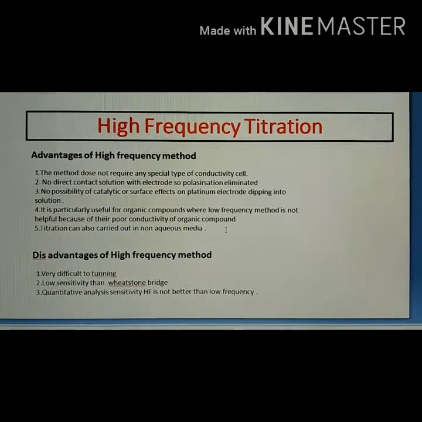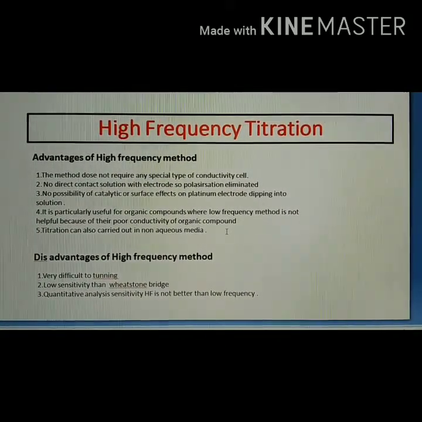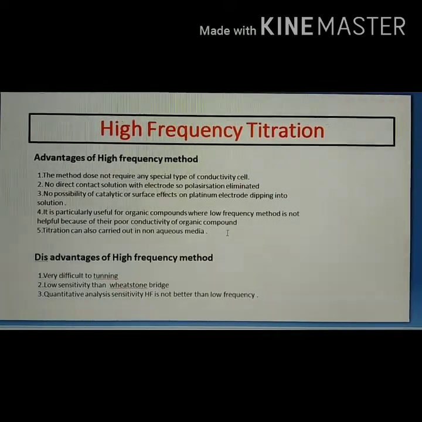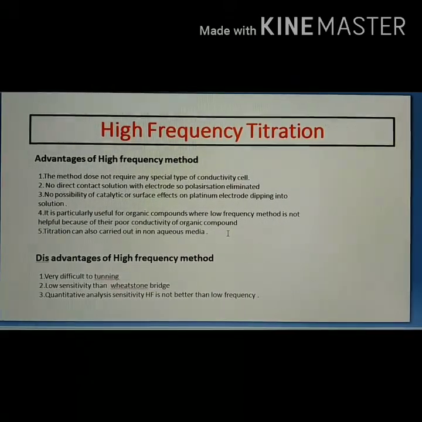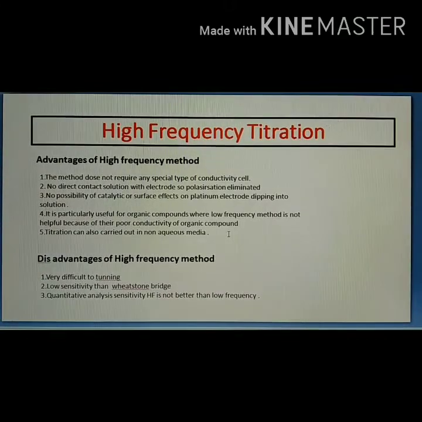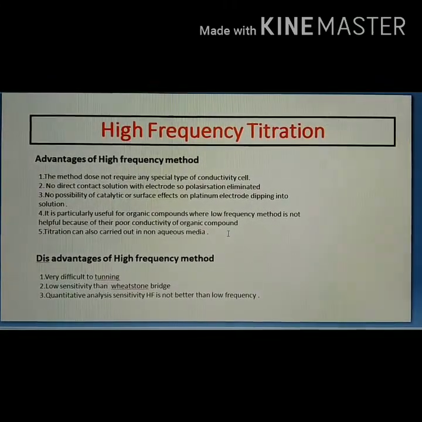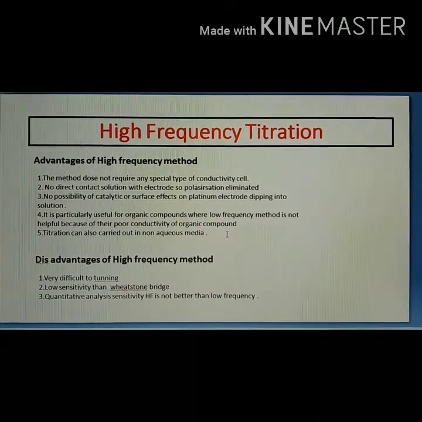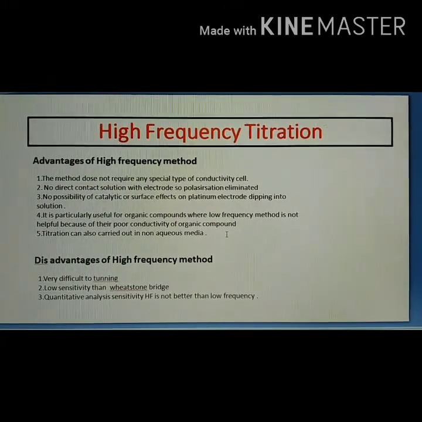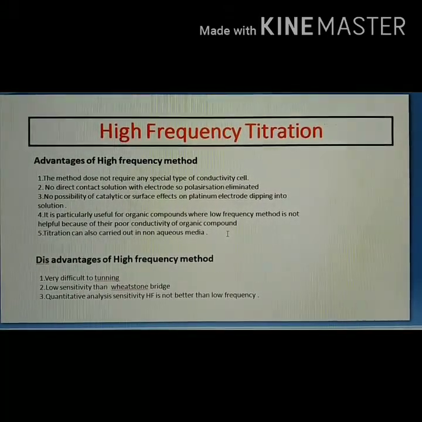Next are the advantages of high frequency methods. The first advantage, as earlier discussed, is that this method does not require any special type of conductivity cell. There is no direct contact of solution with the electrode, so polarization is eliminated.